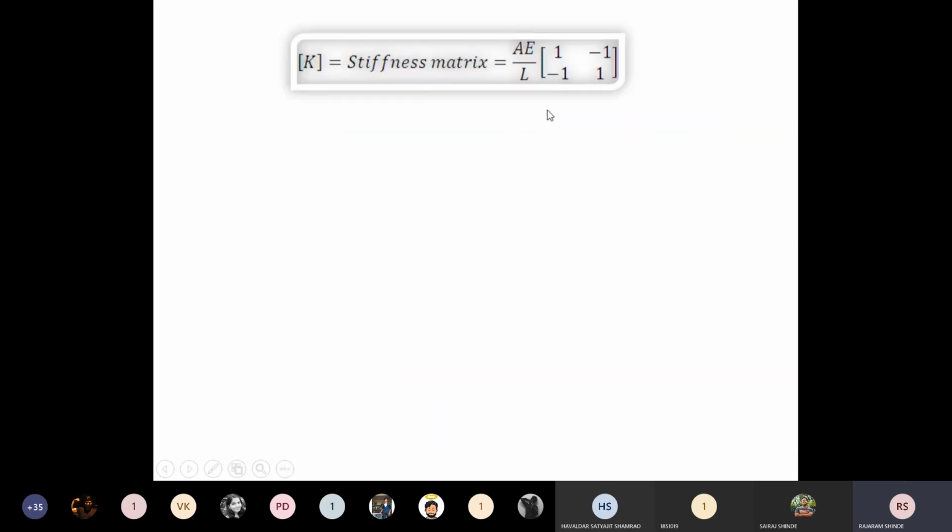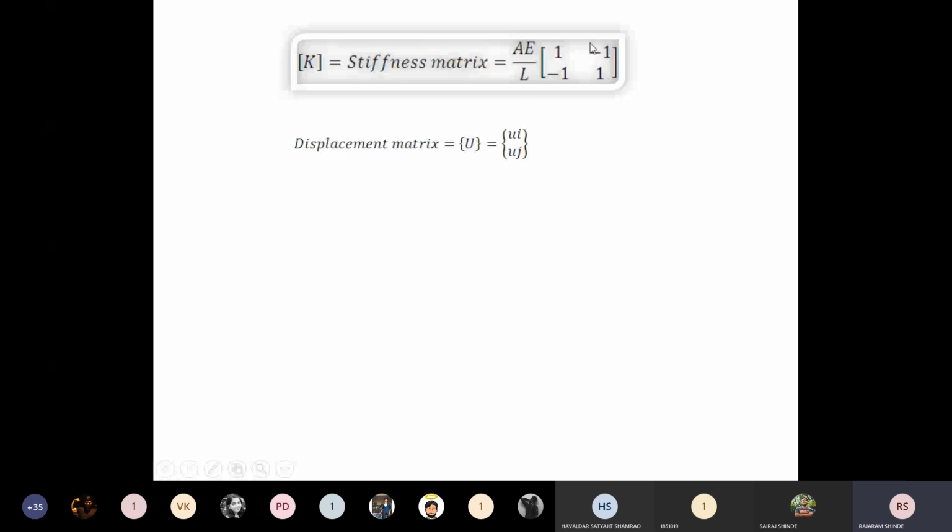Up to here we have derived, and this is the k matrix and it is the stiffness matrix. Already I have explained why it is called a stiffness matrix, because it is force per unit displacement, or force required for unit displacement. Therefore it is called a stiffness matrix, and u is your displacement matrix, ui uj.